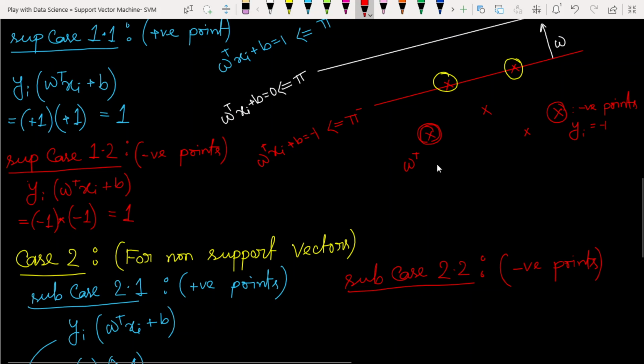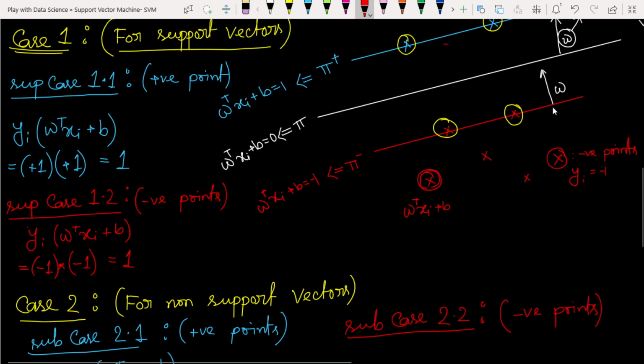For these points, what will be the value of W transpose xi plus b? Just see this thing. The direction of W will be opposite to the direction of the point, and this point lies in the opposite direction from our plane pi minus.